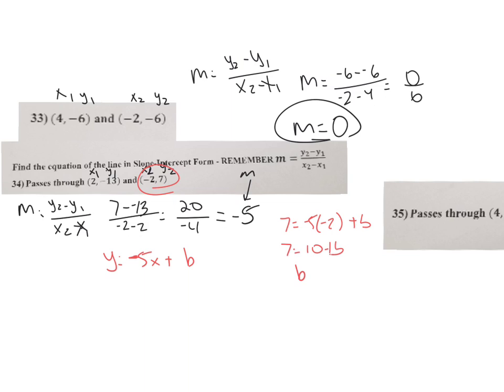I subtract 10 from both sides. b equals negative 3. So that's your intercept. That's your slope. So put it together. We're left with y equals negative 5x minus 3. Pretty good.